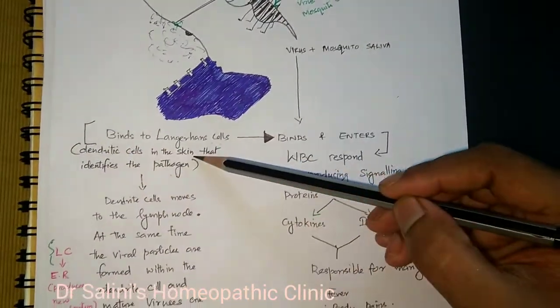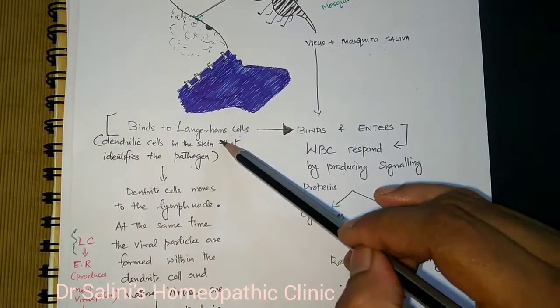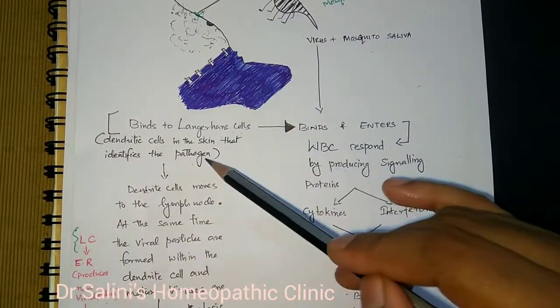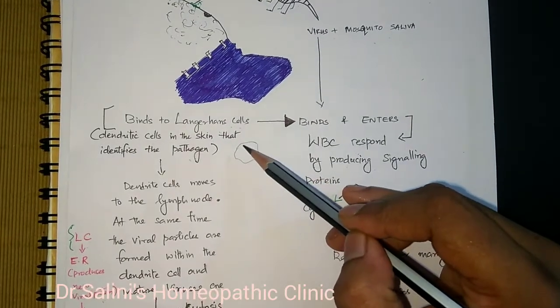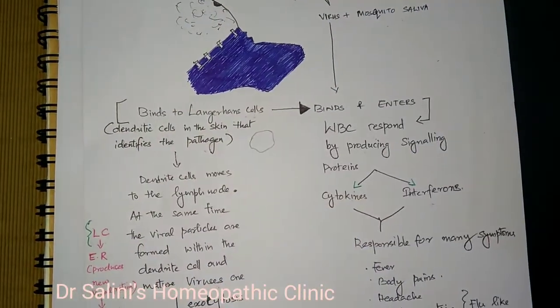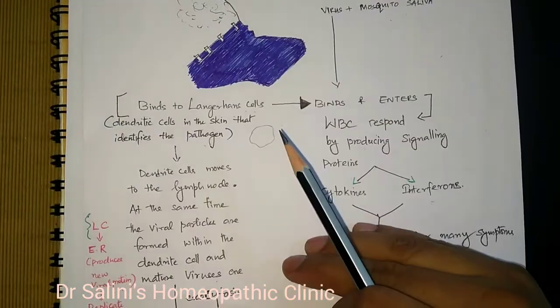So how it binds is, the virus will bind to the Langerhans cells, which are dendritic cells. These dendritic cells are the cells of the skin which help in identification of any pathogen, in this case, this virus.